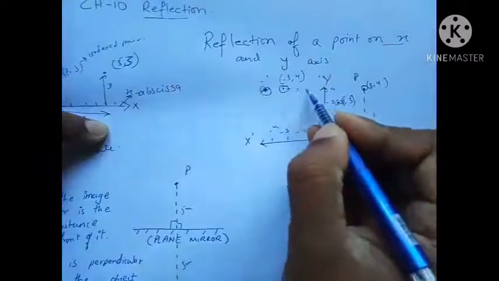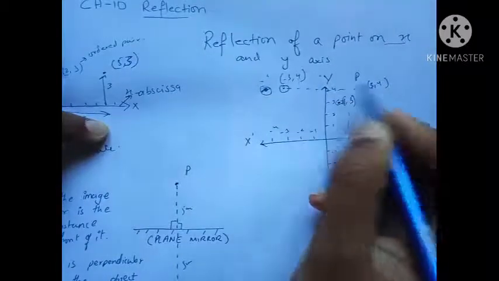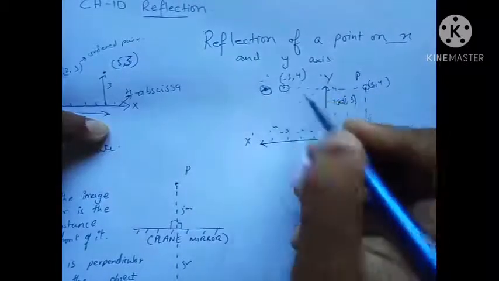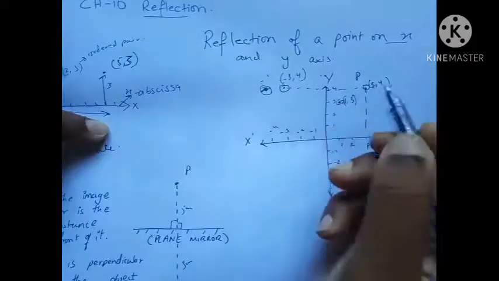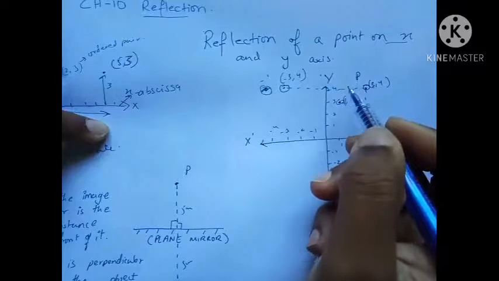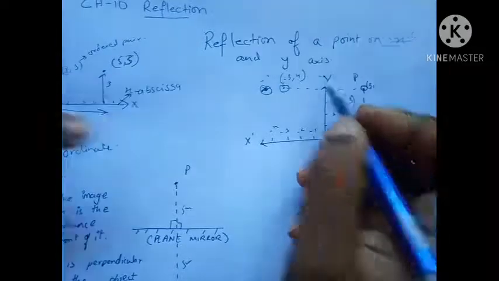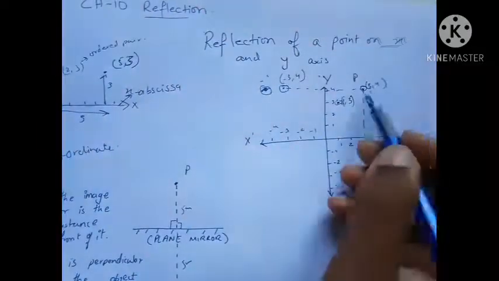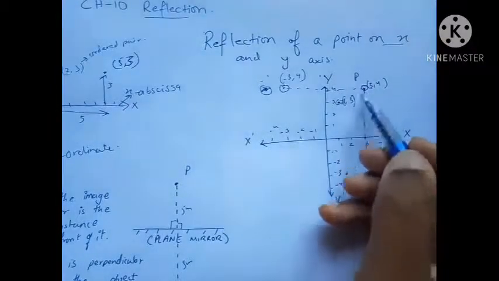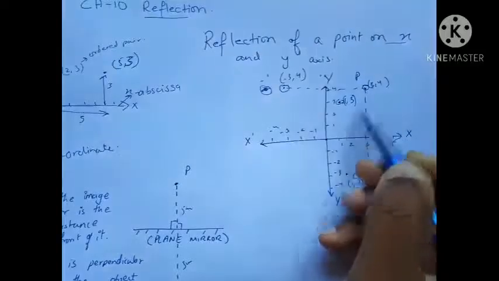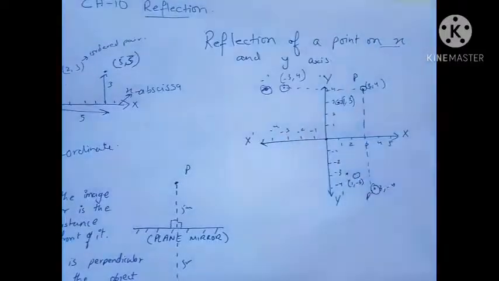From here to here, 4 is the same, this is 3, this is minus 3. When the reflection is taking place in the y-axis, x is going to change, y is not going to change. Okay, remember that everyone. For one point there can be two reflections taking place simultaneously, or three also. We'll learn how to reflect from the origin also. We'll teach you that later on.